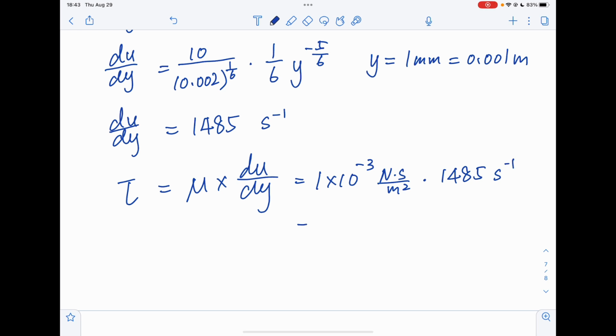So you'll finally get an answer of 1.48 newtons per meter squared, which you can also say is 1.48 Pascal.